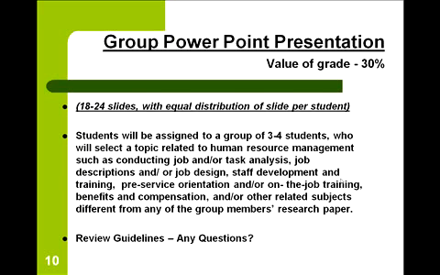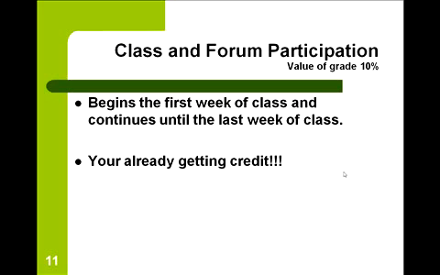These topics may be on conducting job and task analysis, job descriptions, job design, staff development and training, pre-service orientation, and on-the-job training, benefits and compensations. Are some of the examples. Again, I would like you to read the guidelines and ask any questions that you may have in reading these particular guidelines.